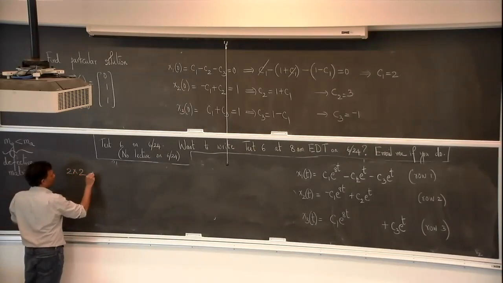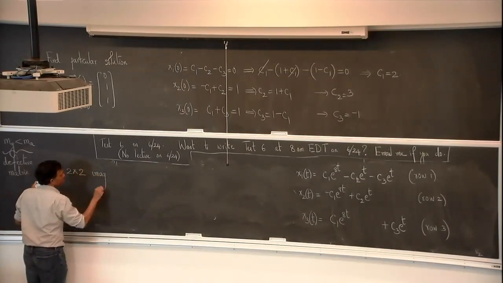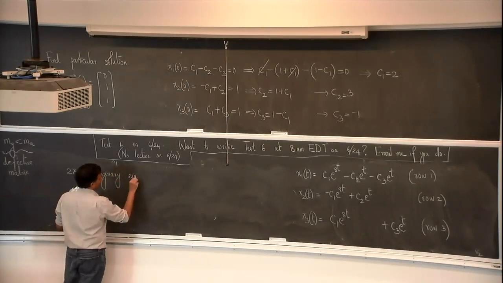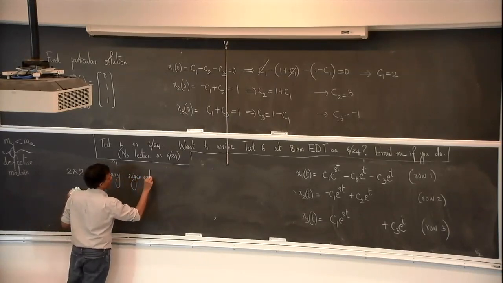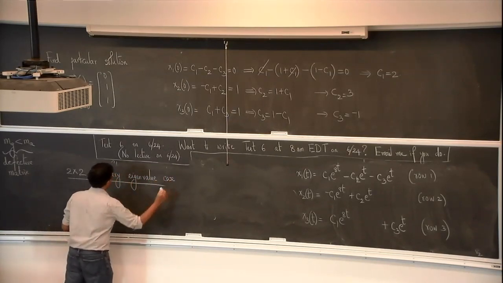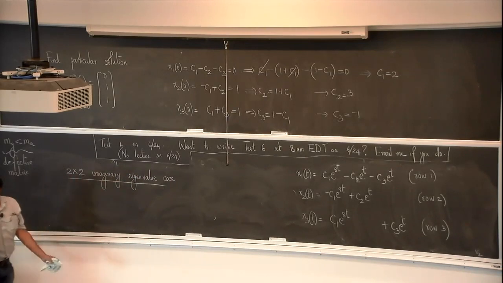The 2 by 2 imaginary eigenvalue case. It could be a bigger matrix, but we don't have time to deal with more complicated systems in this course, so that's why I'm just sticking with the 2 by 2 imaginary case.